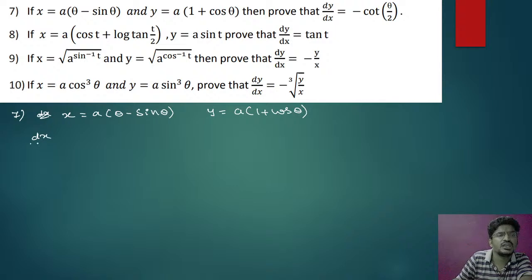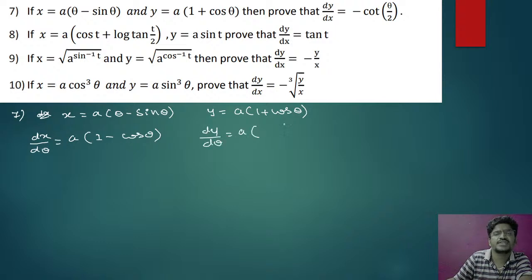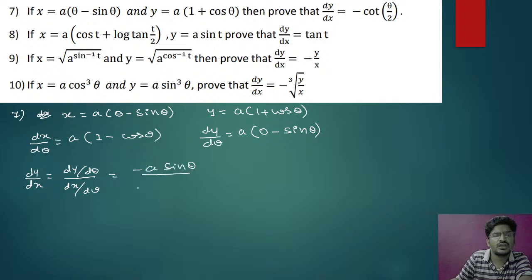So first write dx by d theta. A is constant term, write as it is. Differentiation of theta is 1. Differentiation of sine is cos theta. dy by d theta: a is constant, write as it is. Differentiation of 1 is 0. Differentiation of cos theta is minus sine theta. So now dy by dx will be equal to dy by d theta divided by dx by d theta. So minus a sine theta divided by a into 1 minus cos theta.